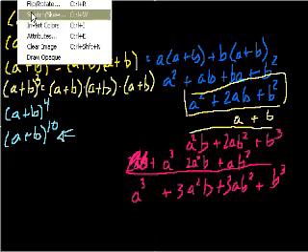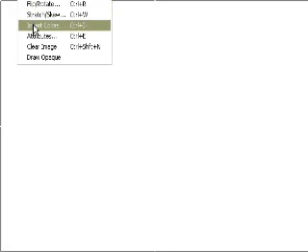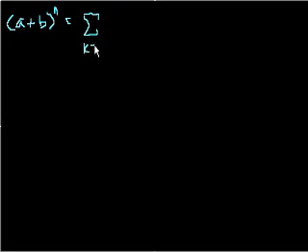So the binomial theorem tells us that a plus b to the nth power is equal to, and I know this is going to look complicated at first, but we'll do a couple of examples and you'll see it's not that intimidating. It equals the sum from k equals 0 to n, where this n is the same thing as that n, of each term is n choose k.